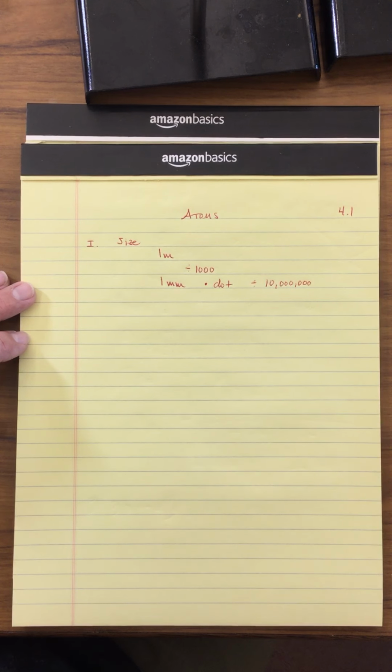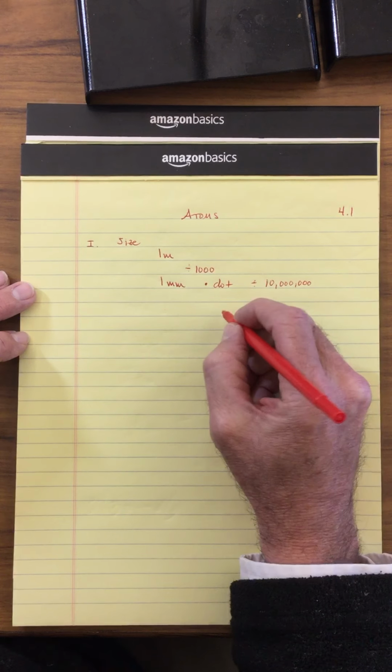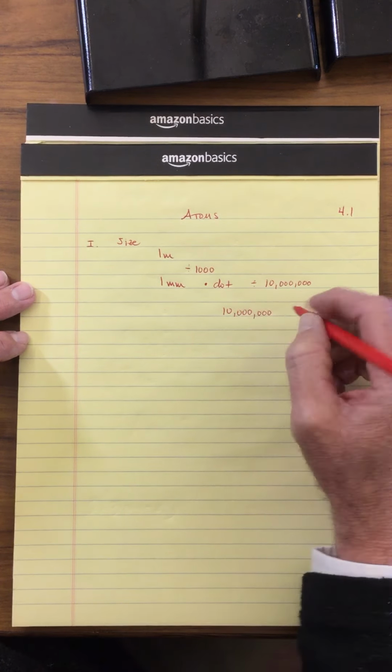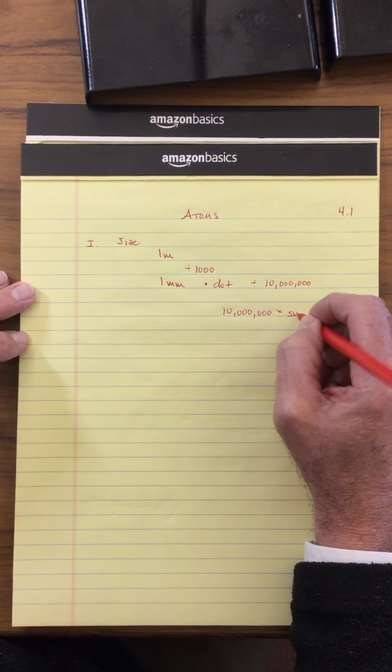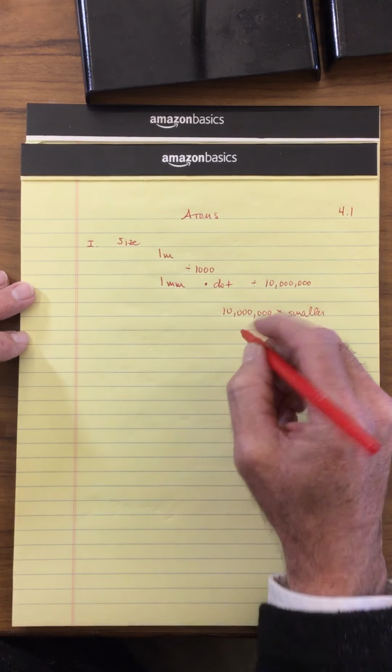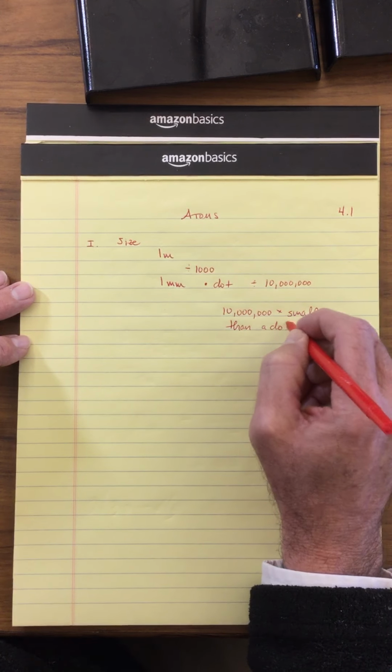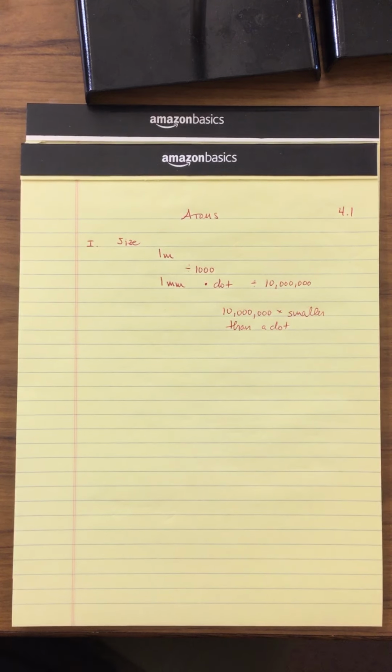So it's important to know the size of atoms. Atoms are incredibly small. They're about 10 million times smaller than a dot. In chemistry, we take a look in more detail to see the actual size. So that's how big an atom is.